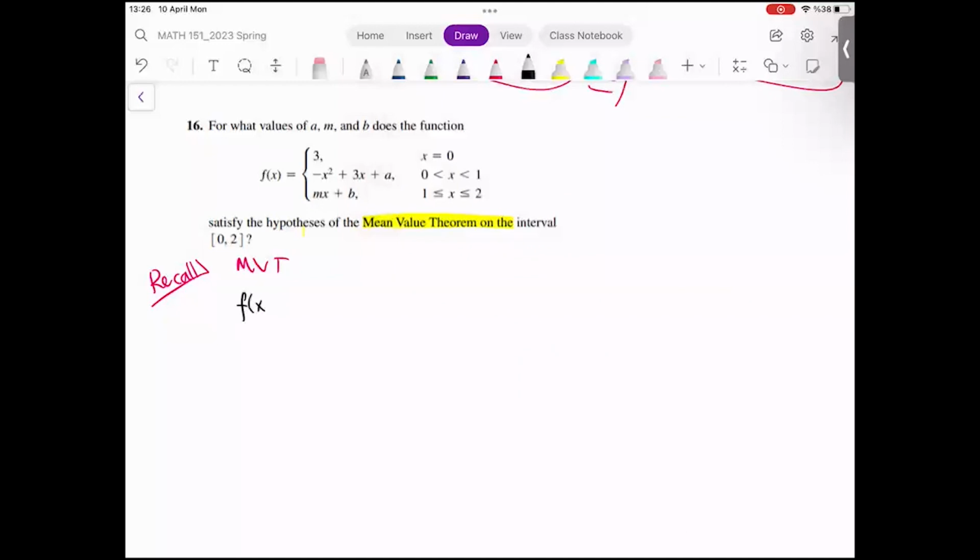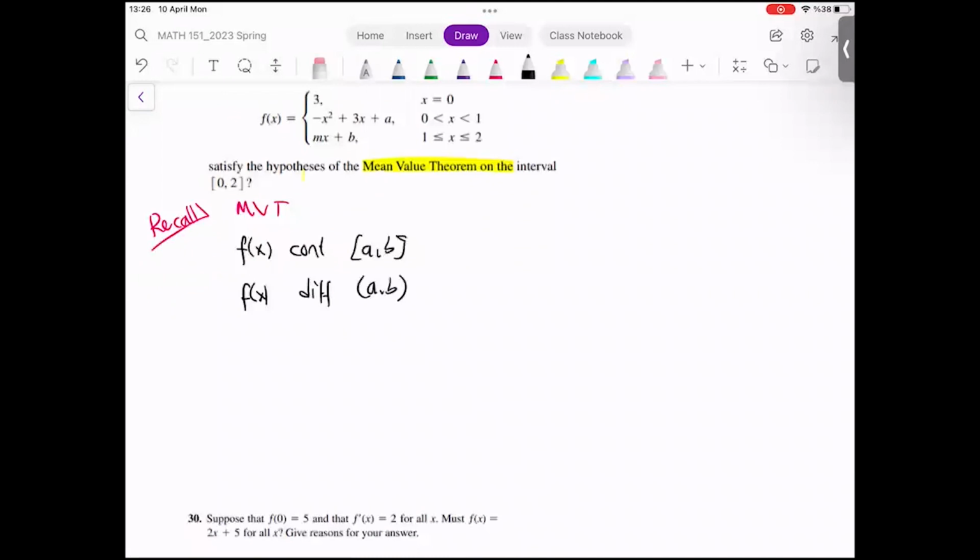Okay, f of x should be continuous over a closed interval, one of the assumptions. f of x should be differentiable over the same open interval. And these are the two assumptions. This is the assumption box.